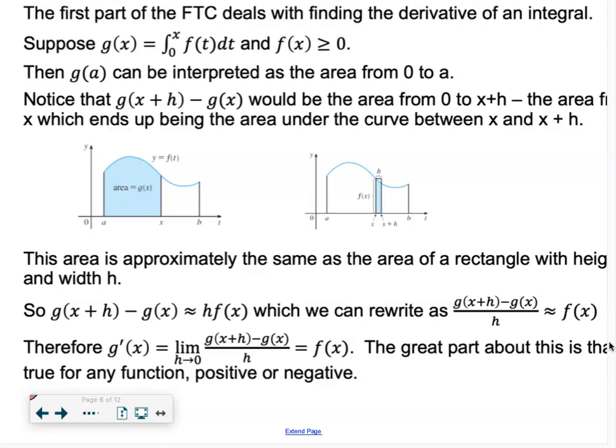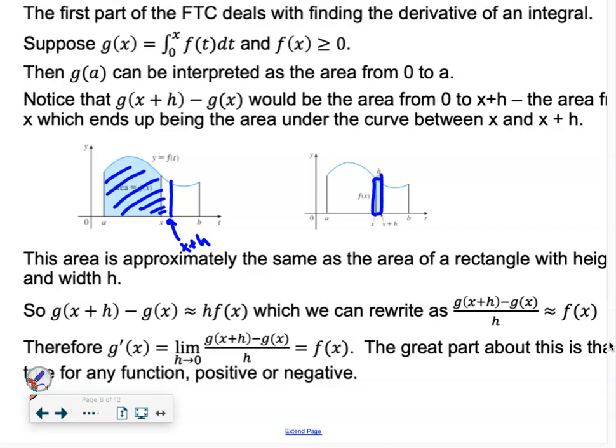So the first thing that we're going to do is say, if I had g of x, and that gave me this area, well, if I found g of x plus h, if this was x plus h, that would give me this area, right? So if I did g of x plus h minus g of x, it's this whole area minus this area, which leaves you with just this little guy right here.